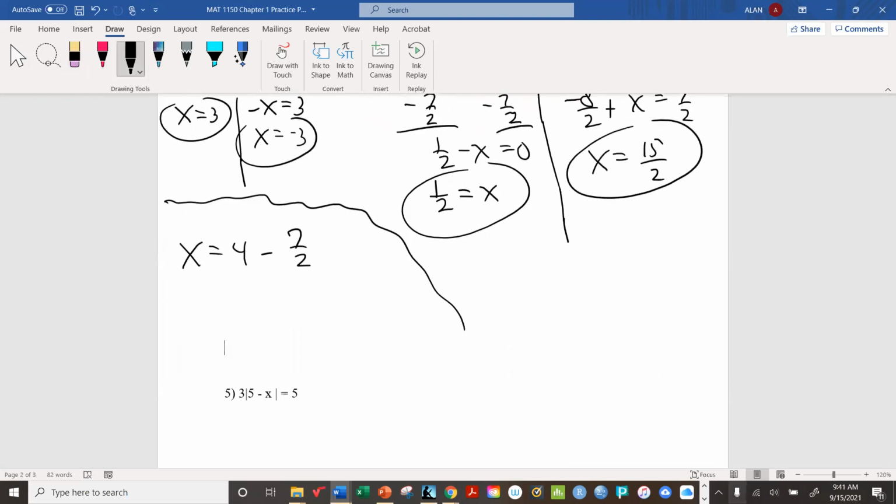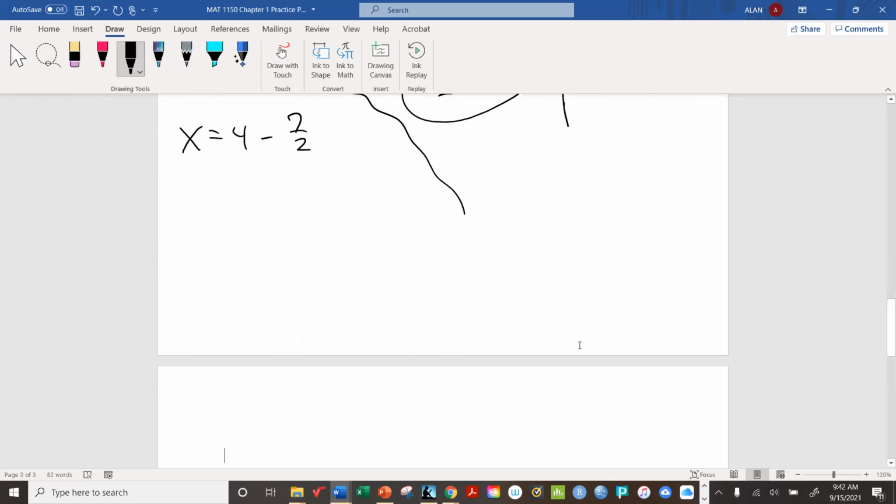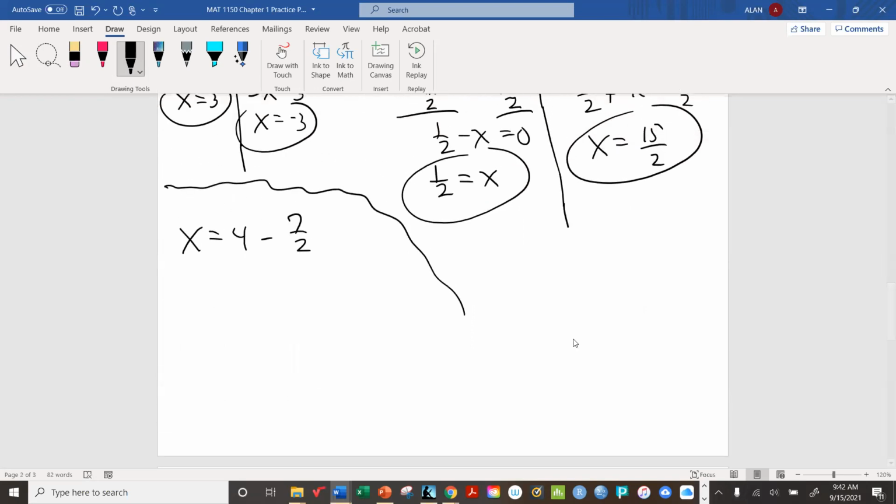So what I need to do is rewrite them so that they do. What I really need is halves. So what I'm basically doing here is multiplying 4 by 2/2. Now I'm allowed to do that because 2/2 is just 1. I can multiply any number by 1 without changing its value.